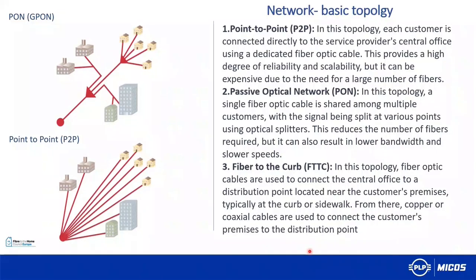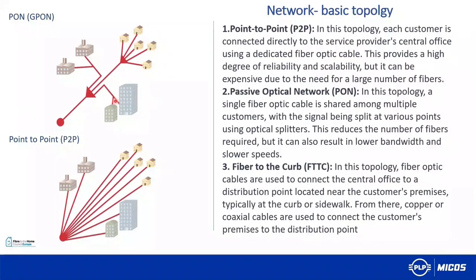The second one is PON network. In our region GPON is more popular, where we use different types of splitters, PLC splitters, planar splitters. Basically, the cable is shared among multiple customers. It means you go with one cable, but then you can split it by using an optical splitter, and of course you reduce the number of fibers, so the network is a little bit more cost effective when you are building it.